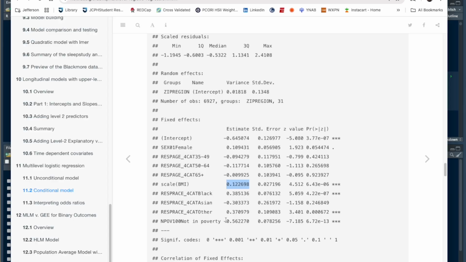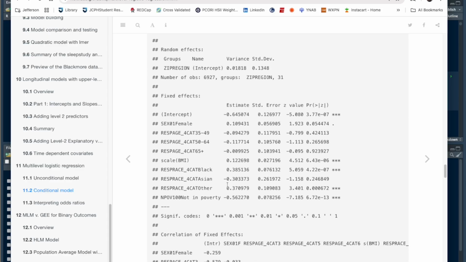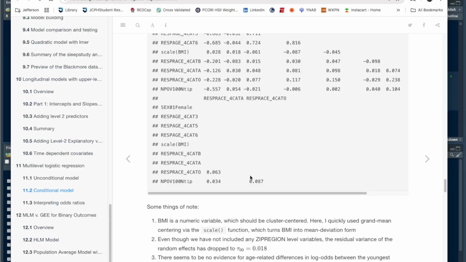Similarly, compared to those who are in poverty, if you're not in poverty, your log odds of an ED visit go down by about 0.56 of a logit. Again, logit's not super intuitive to think about, so we often use odds ratios.